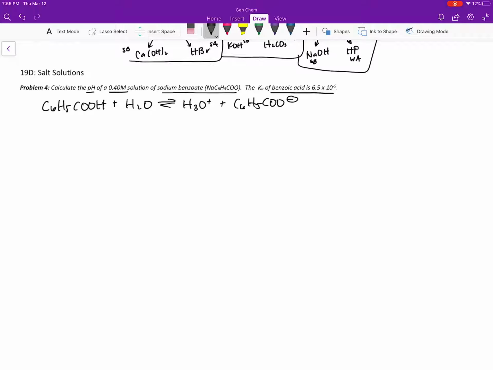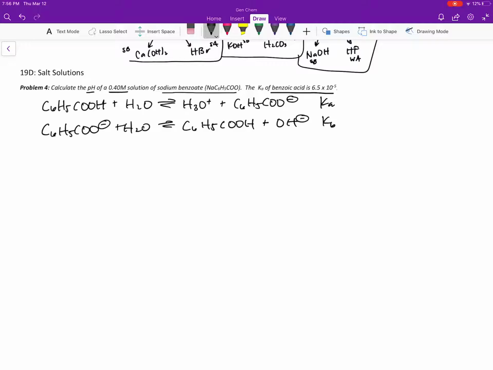And so there's two ways to do it. We can either, one, set it up as it is right now with the ice table, because this is the Ka, or we can use the problem like this, where sodium benzoate is a base and it accepts the proton, and this is the Kb because it's acting as an acid and as a base.